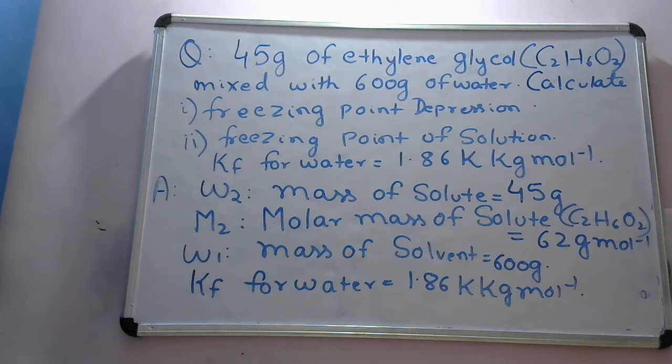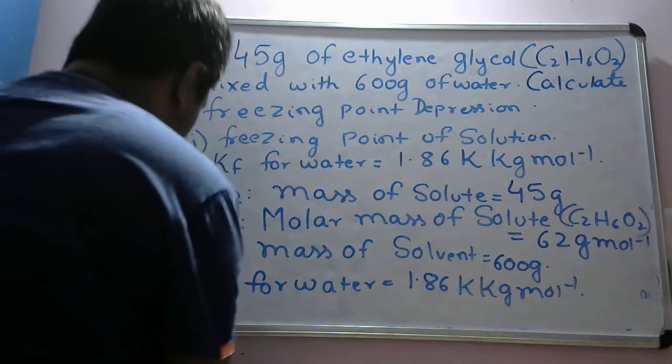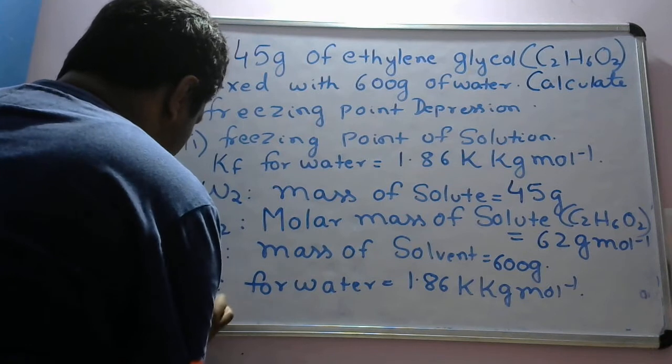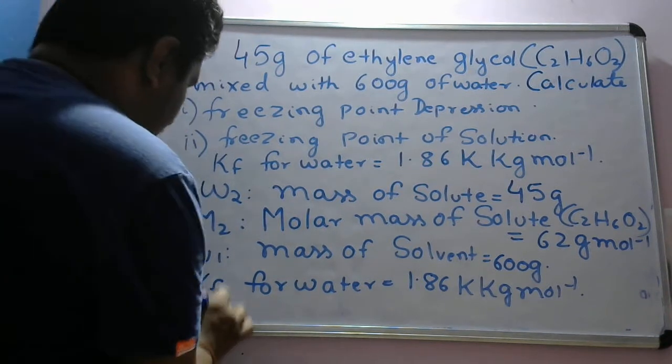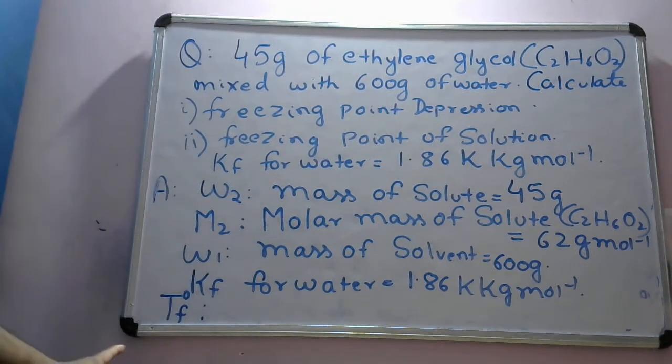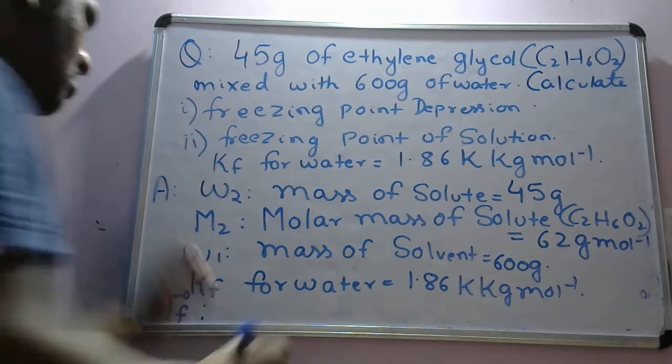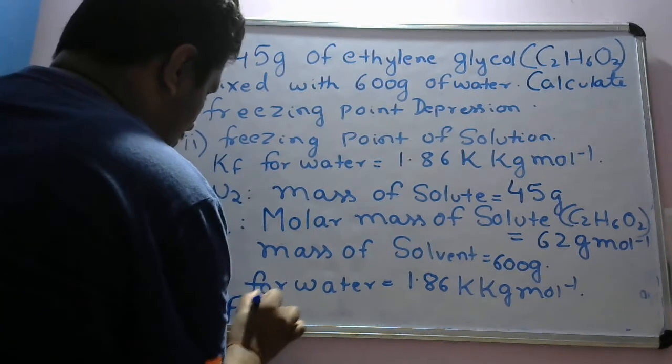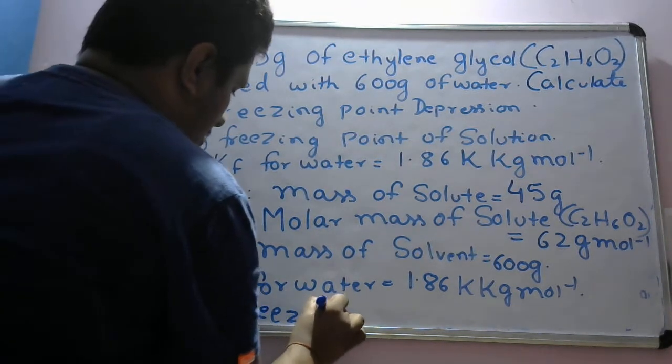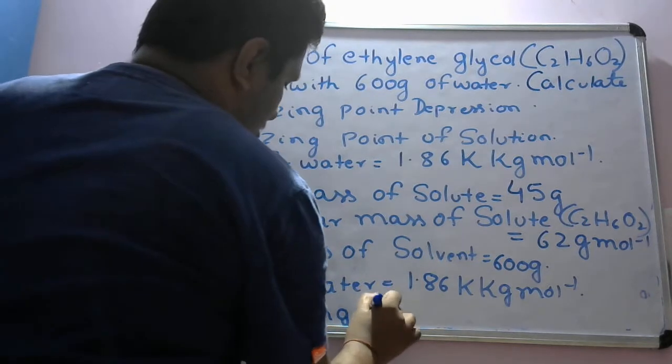And another thing we need here: to calculate freezing point of solution, we need freezing point of pure water. The freezing point of pure water, symbol Tf naught, is 0 degree Celsius, you know that.